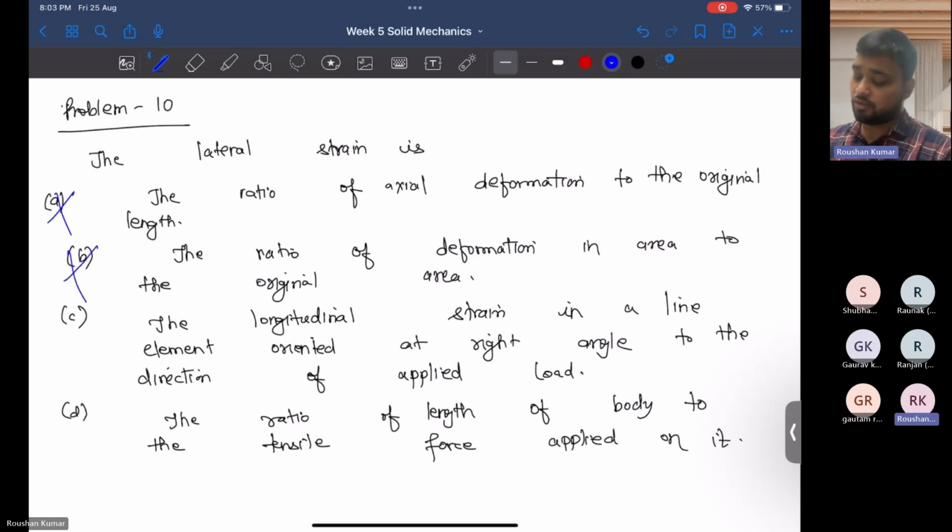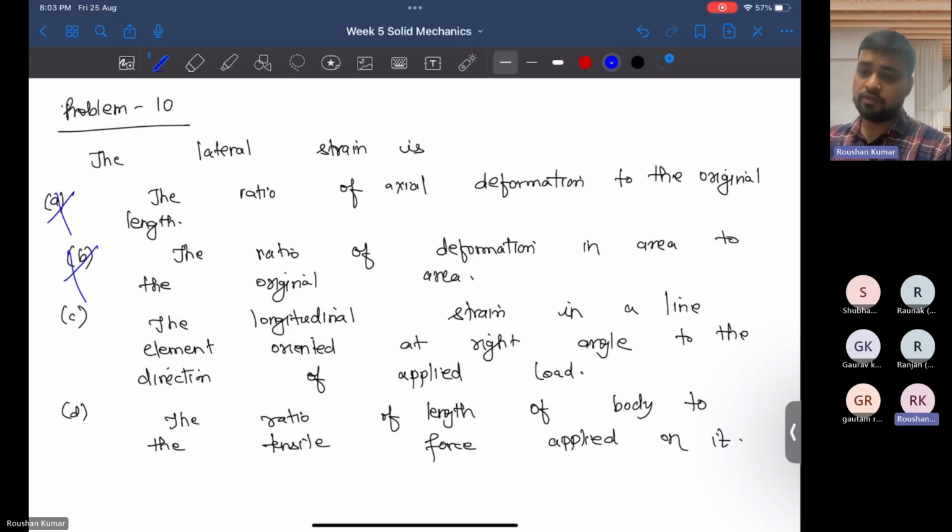The third option is the longitudinal strain in a line element oriented at right angle to the direction of applied load. So yes, this is a correct option. If we apply the load along the x direction and there is a strain in the y direction, that means it is perpendicular to the applied load.